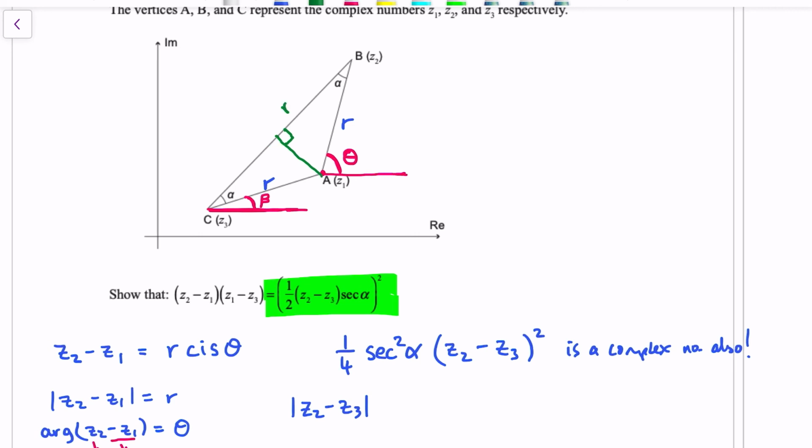This length here is R cos alpha. So the distance between Z2 and Z3 is equal to 2R cos alpha. And the argument of Z2 minus Z3, what is that? We start at Z3 and we head in the direction of Z2. Well, we've already got that on the diagram. That's alpha and beta added together. Alpha plus beta.